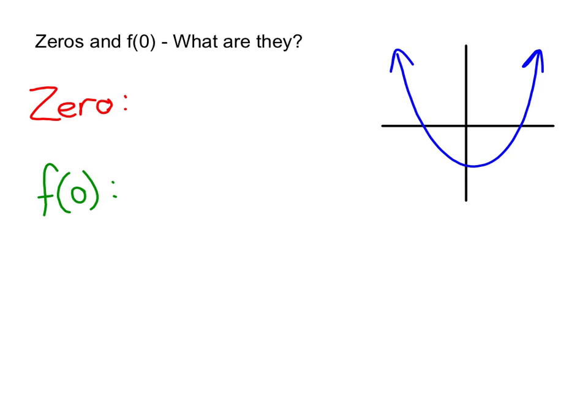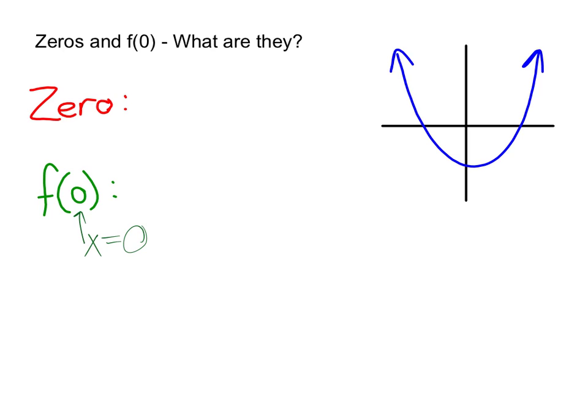Zero is your independent variable. X is equal to 0. If we're dealing with f of 0, we're saying that x actually equals 0.